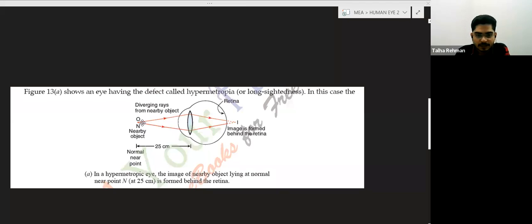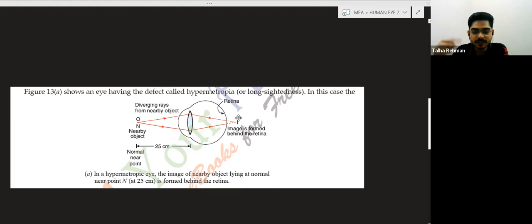You can see in this diagram, this is the object at 25 centimeter from the eye. This is an eye having hypermetropia. So the image of the 25 centimeter object will form behind the retina.